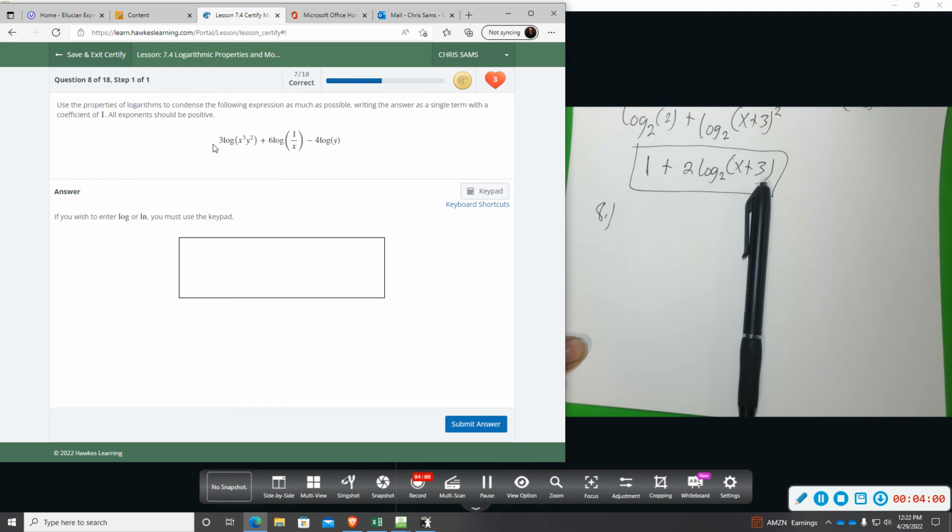So the same way with the previous problem, as I had the exponent and I brought it down to the front, well, going backwards, I'm going to take the exponent and I'm going to move it back. So I'm going to take the coefficient and move it back to an exponent position. So this 3 out front, I'm going to move it back up here. The 6 out front, I'm going to move it up here as an exponent. And the 4 out front, I'm going to move it up here on the y.